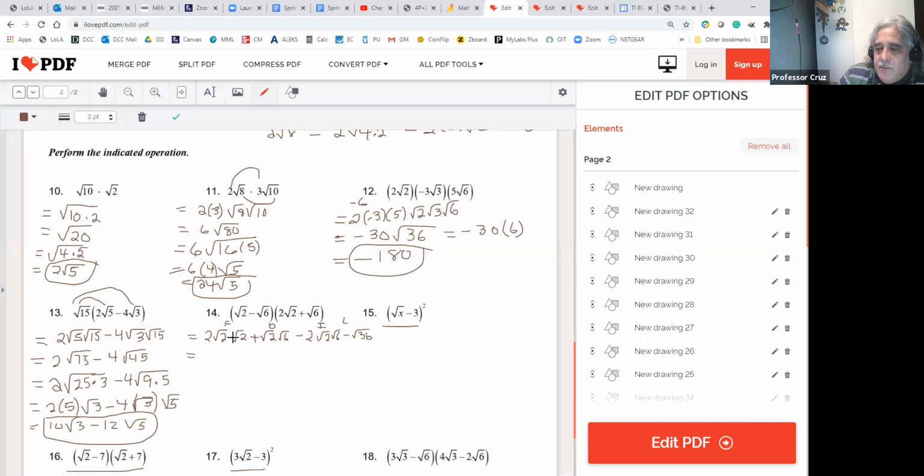So this is square root of 2 times square root of 2, so that's square root of 4, which is going to end up being 2. This is square root of 12. And then this one's also going to have a square root of 12 there.